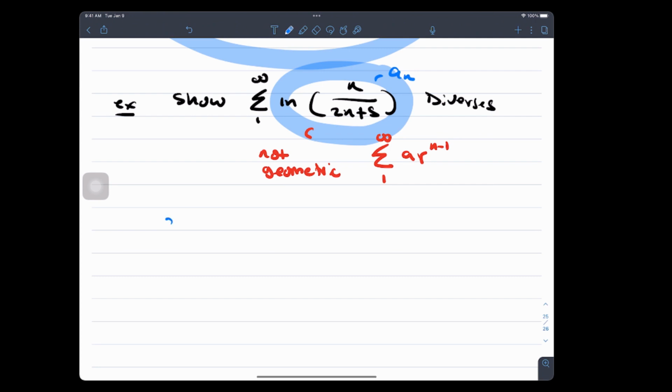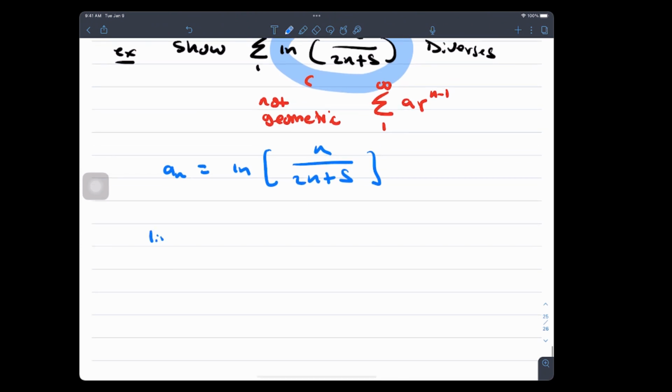What's your an? What do you guys know about this limit? What's the limit of an?